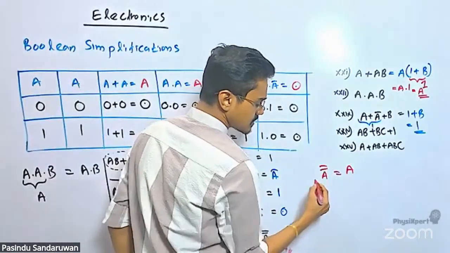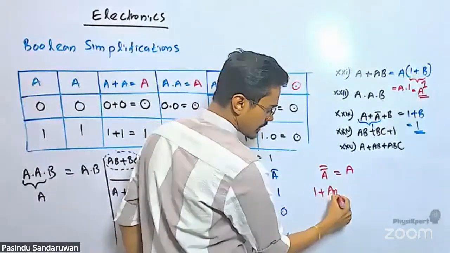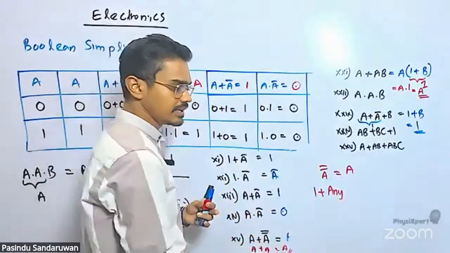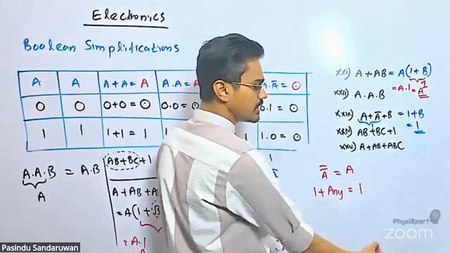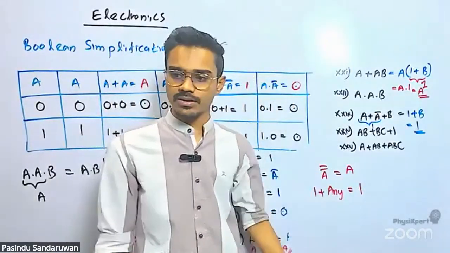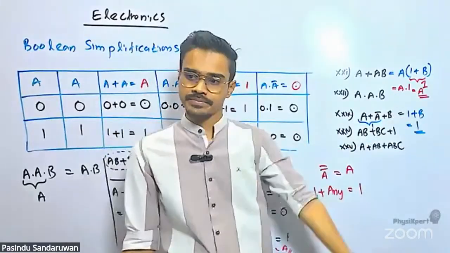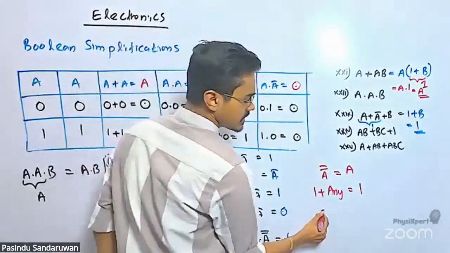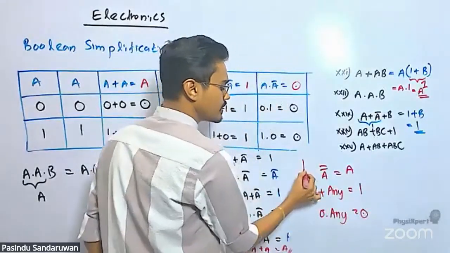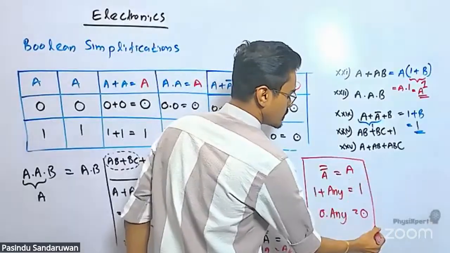1 plus any. You may check, 1 plus any is going to be 1 at the end. Because any expression is going to take either 1 or 0, then 1 plus any is always 1. Similarly, 0 dot any is always 0. Mention these points in a red pen.